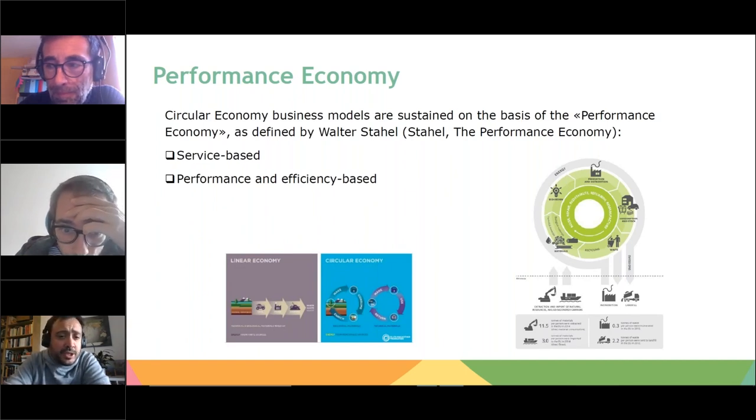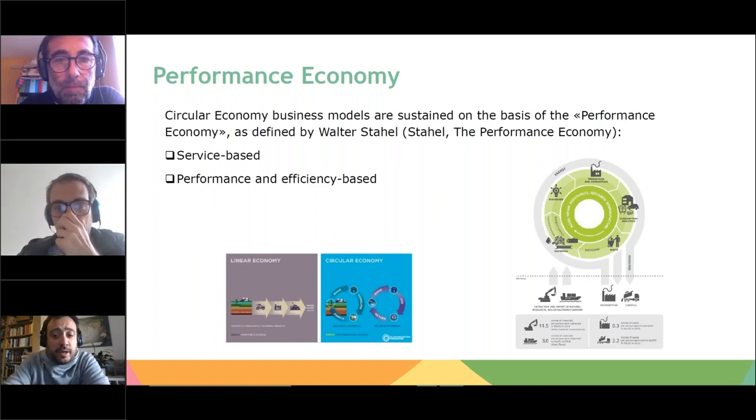Basically, what this performance economy understands is that we must be able to switch from a business-as-usual approach in which a supplier sells a product, to a different approach in which the supplier doesn't necessarily sell the product, but commercializes or exploits the service made by this product.